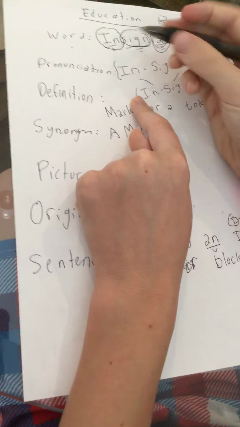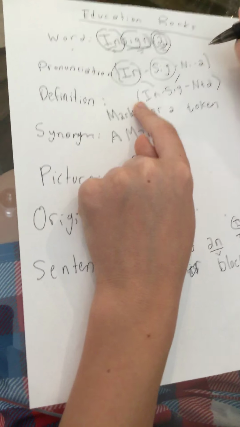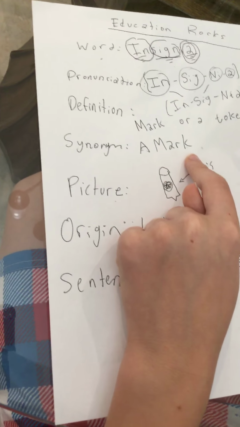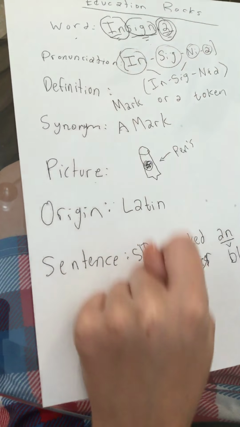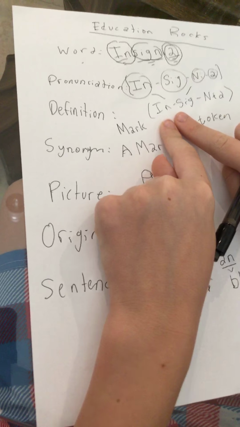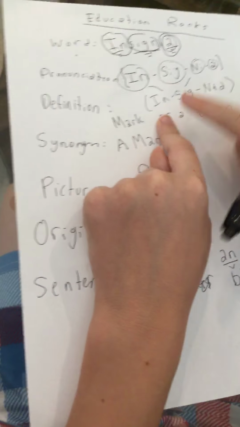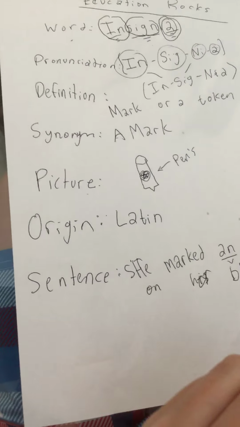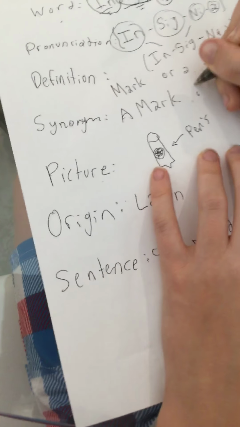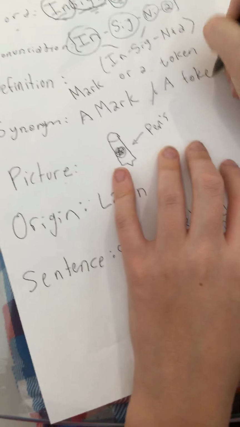The pronunciation is in, sig, ni, I think they did this because there's 4 syllables, but I'm doing insignia. So the definition of insignia is mark or a token. A synonym is a mark or a token, of course.